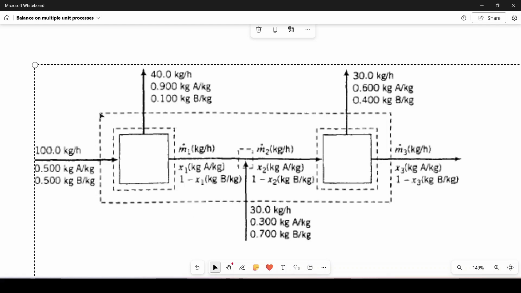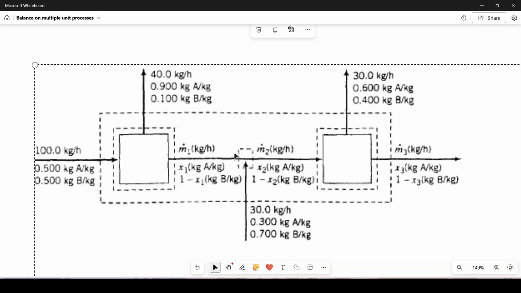Okay, so this is the overall system boundary, this one, and then we can also apply these hypothetical boundaries around each unit process. So these are called subsystems. So this is the overall system, then this is the subsystem, and here where these streams are mixing, this point also acts as a mixer.